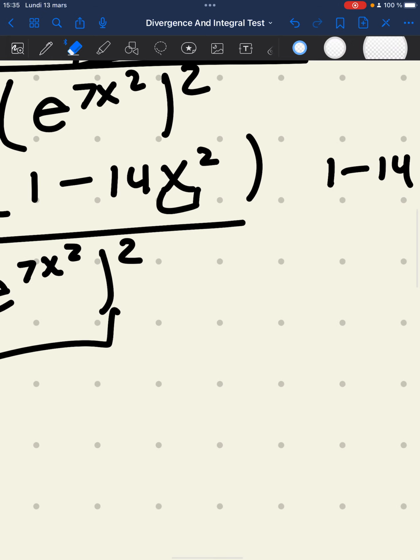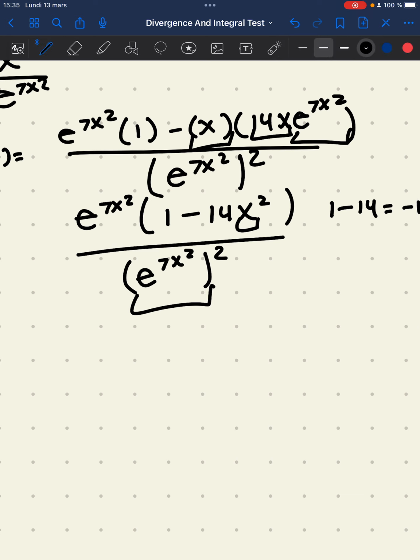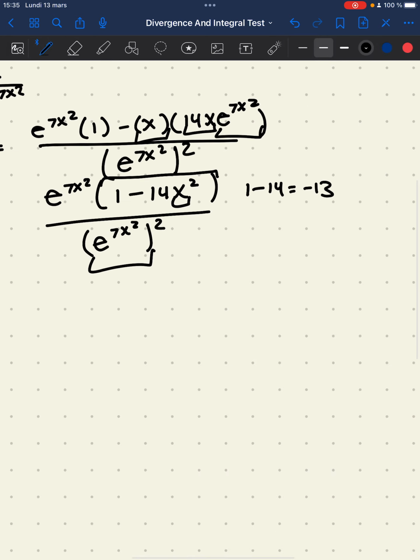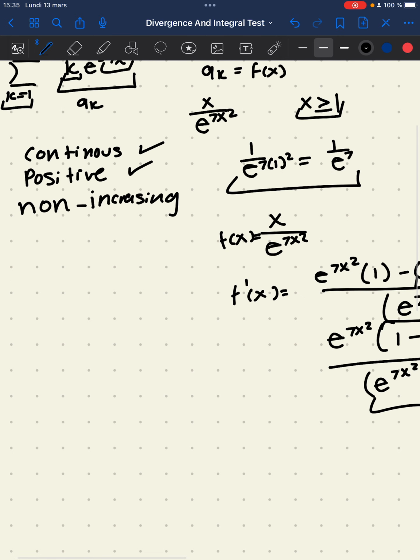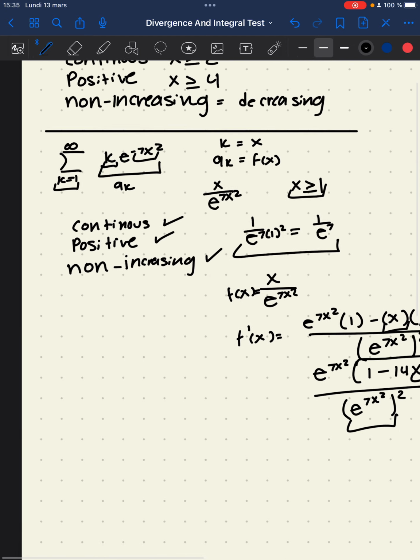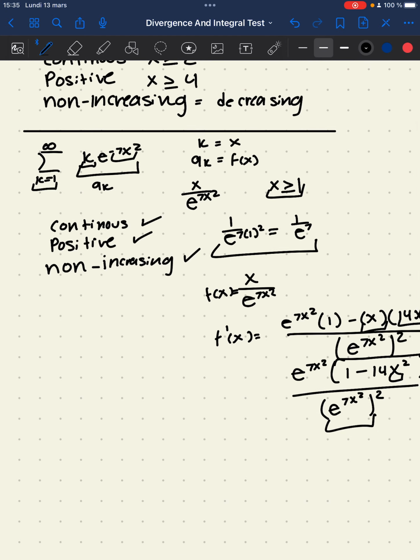So all we're really focused on is what's inside the parentheses right here. And this is going to be negative forever, which means it's non-increasing, meaning it's decreasing. Therefore, the third requirement is checked off.